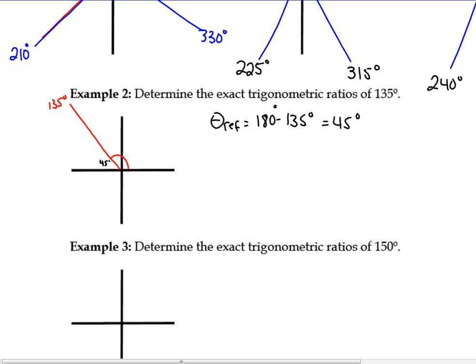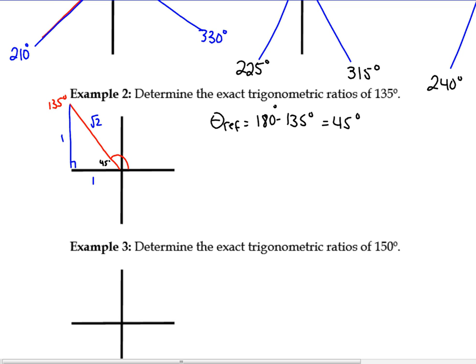Okay, so our reference angle is 45 degrees. So we're going to draw in the 45-degree triangle that we've memorized. You probably don't have it memorized yet, but the 45 is the easiest. Because what do we know about x and y? They're the same. We make them 1 and 1. And so what would be the hypotenuse? Root 2.